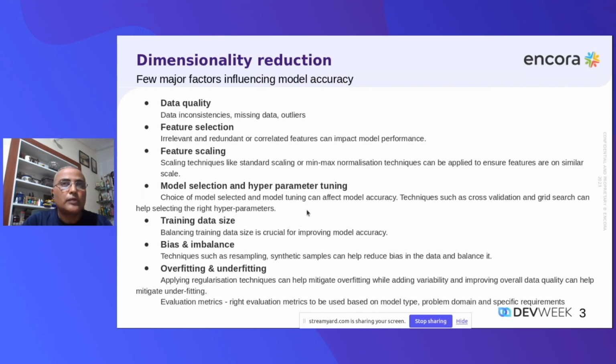The hyperparameter tuning is, at the time of building the model, there are numerous parameters that could be tuned. For instance, I would give you lambda, which is applied for regularizing the data.